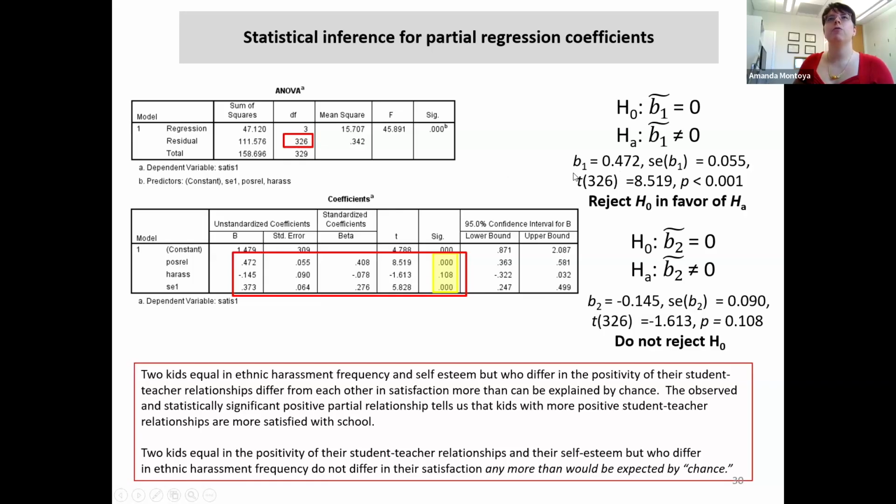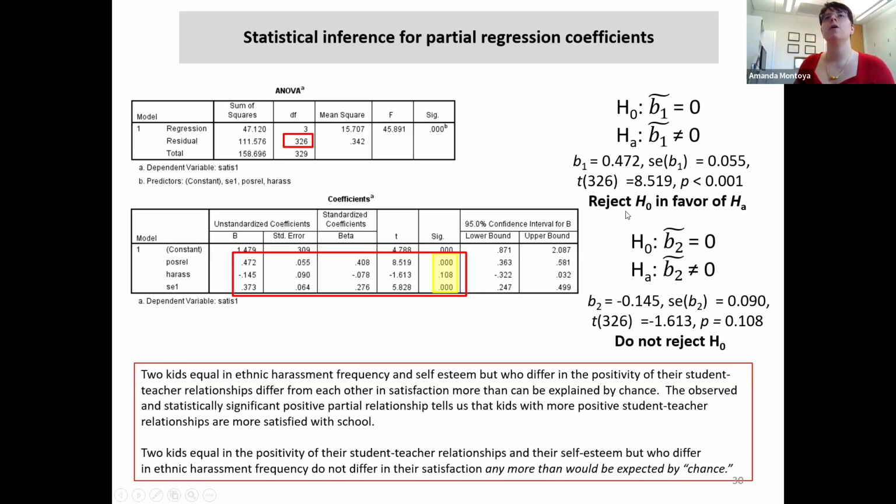And so for our B1 coefficient, our p-value is pretty low. P-values are never 0, even if the computer tells you that they are. It just means that they're very, very low. So in this case, because the software reports out to 3 decimal places, I might write something like p less than 0.001.